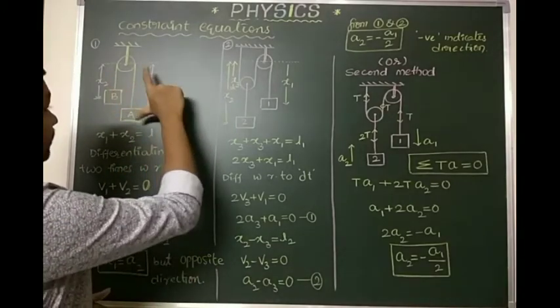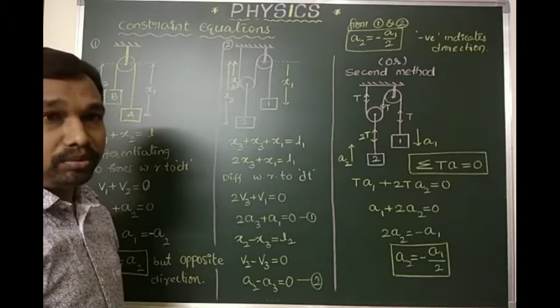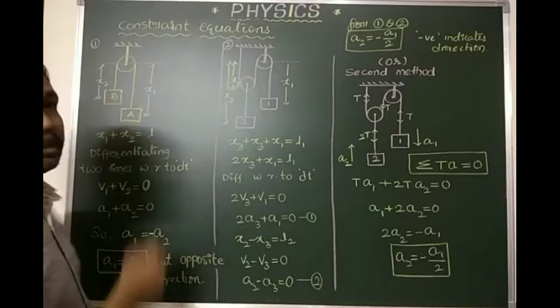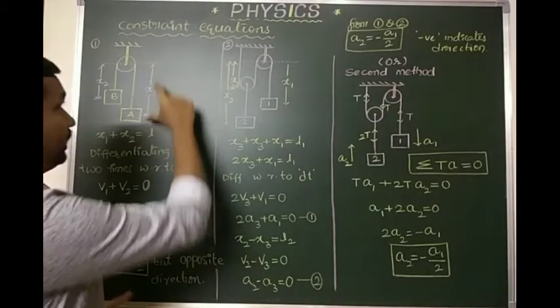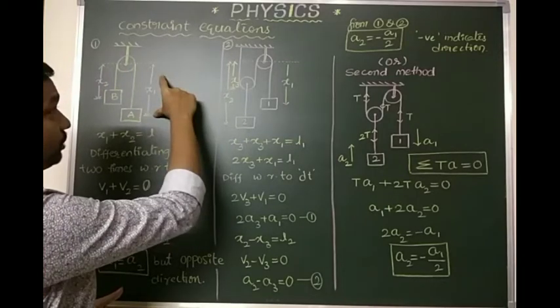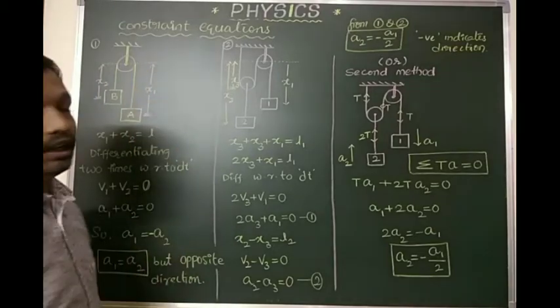Here we need to consider which blocks or pulleys are movable. In this case only two blocks are movable, so we take the first block's length from the reference line as x1, and the second block as x2 from the reference line.